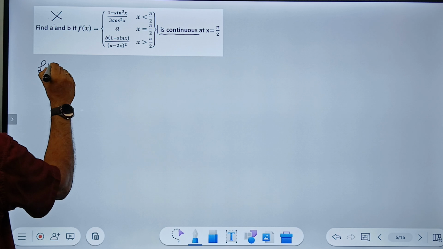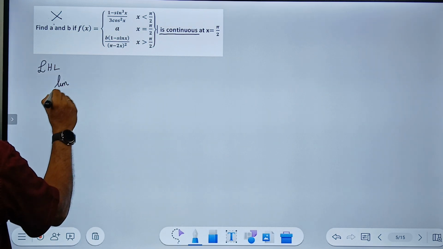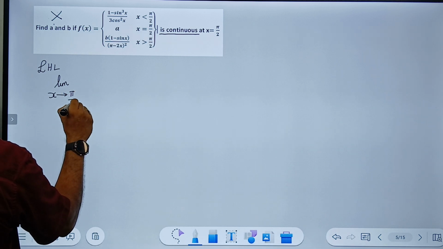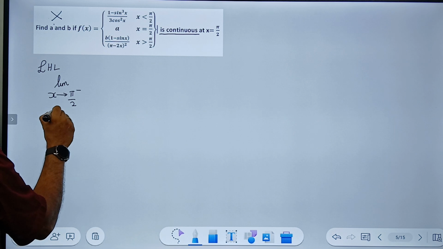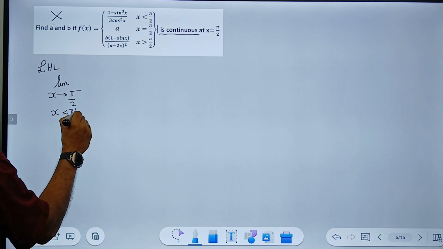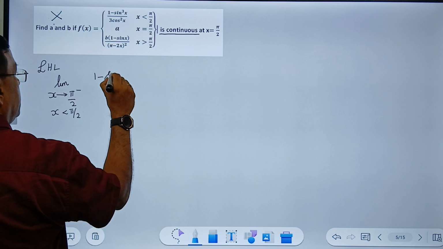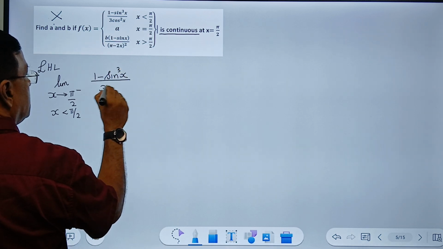What is my left hand limit? My left hand limit will be limit x approaches pi by 2 minus. Pi by 2 minus means definitely less than pi by 2. If it is less than pi by 2, my function is 1 minus sine cube x divided by 3 cos square x.